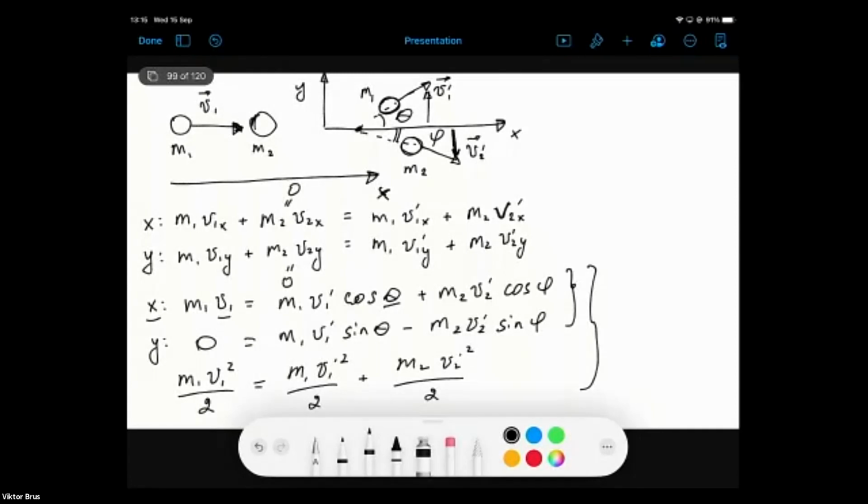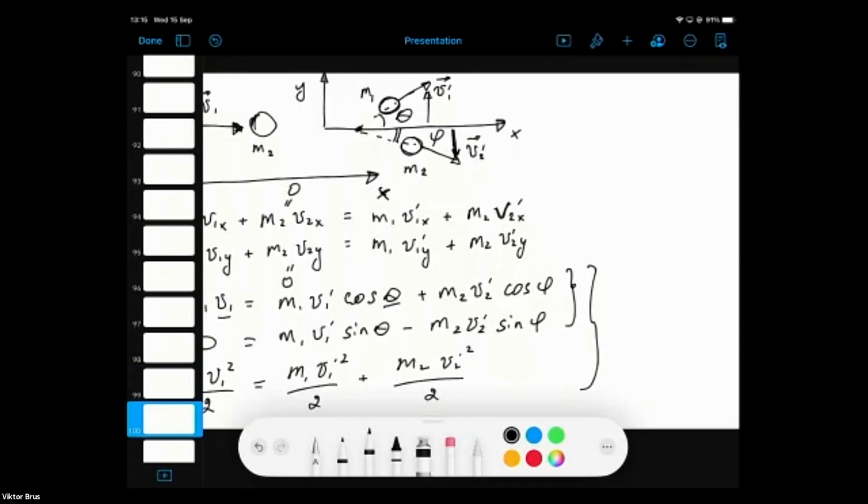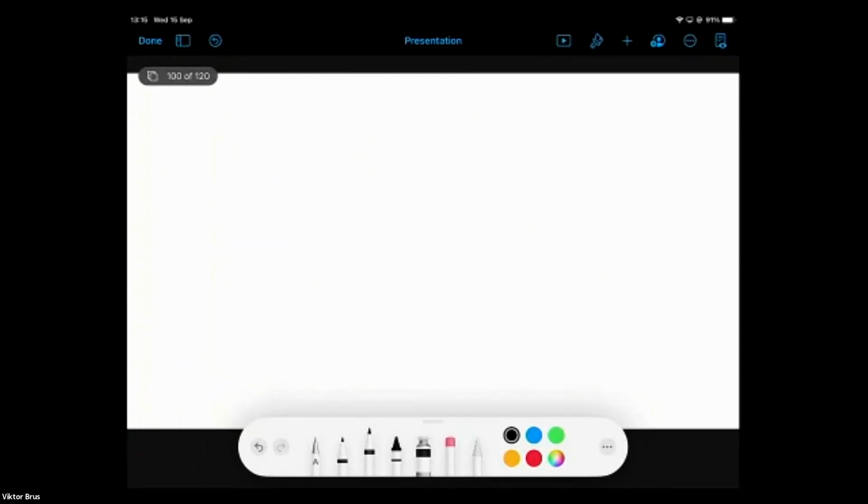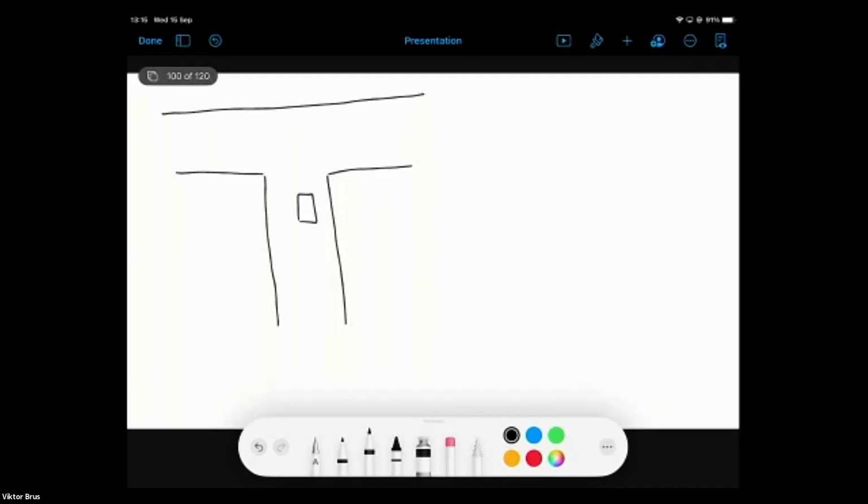So let us consider one example of a collision in two-dimensional space, when we have a perfectly inelastic collision, but carried out in two-dimensional space. So let us say we have some T-shaped cross section, and two cars are moving towards this cross section.